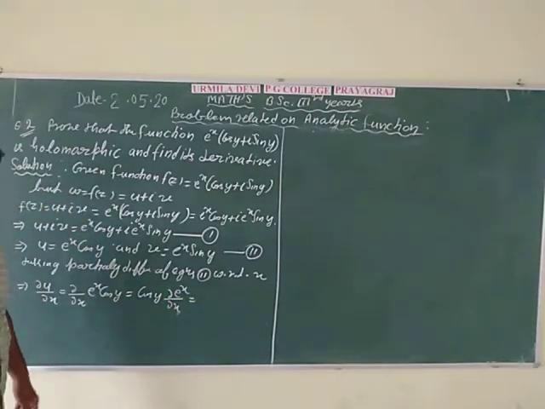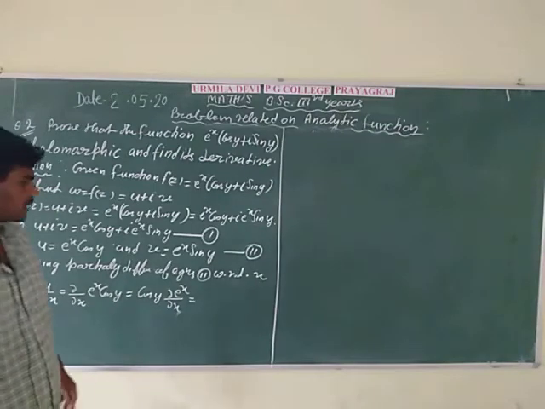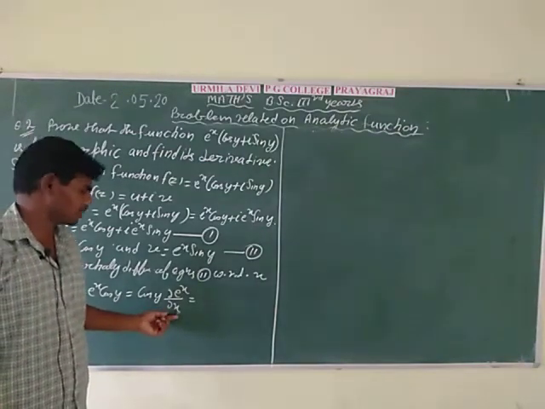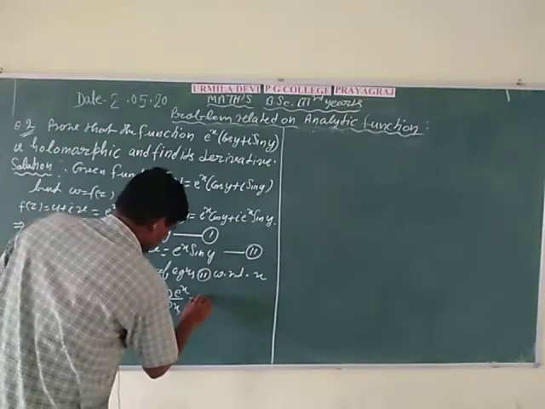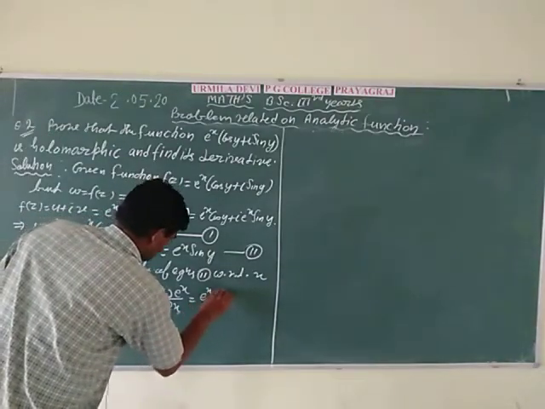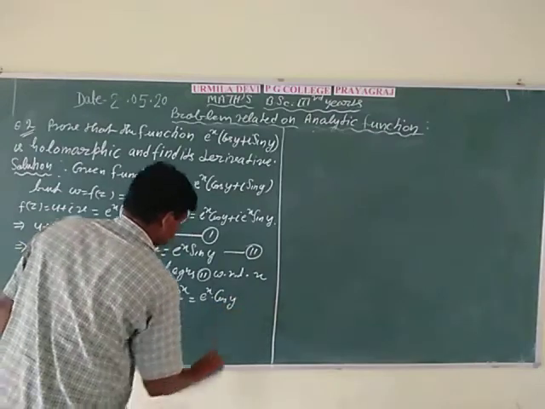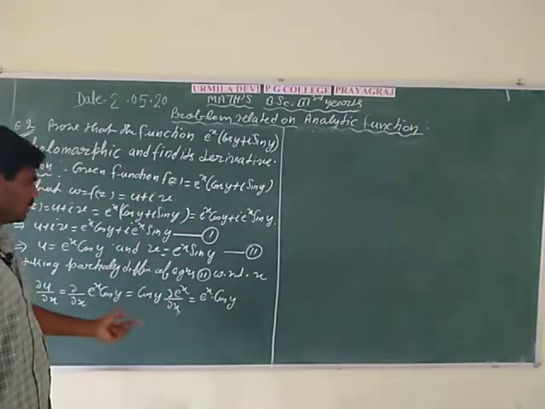Then by the law of differentiation, the derivative of e to power x with respect to x is e to power x. So we write cos y times e to power x, which is e to power x cos y. It is represented by equation third.